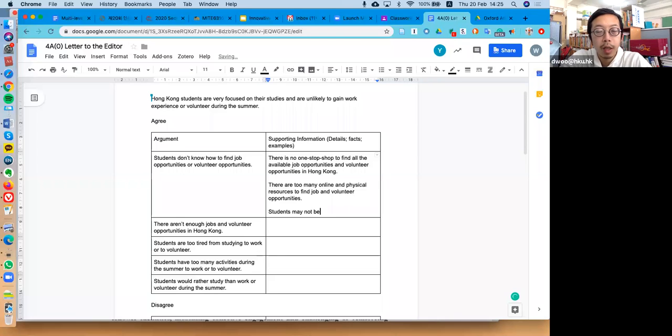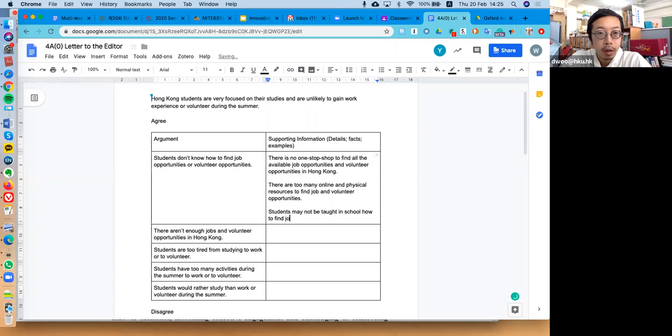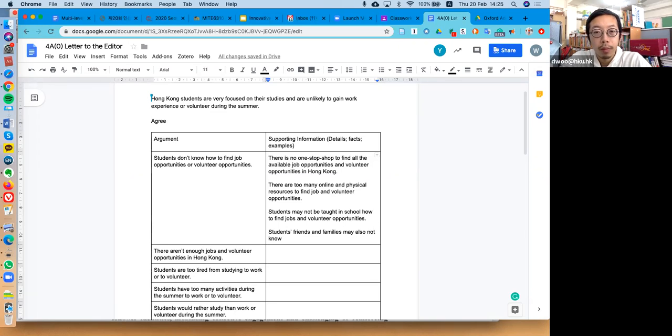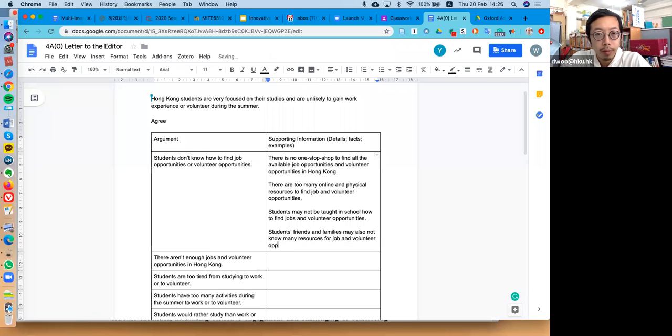Students may not be taught in school how to find jobs and volunteer opportunities. Students' friends and families may also not know many resources for job and volunteer opportunities. Does that make sense?